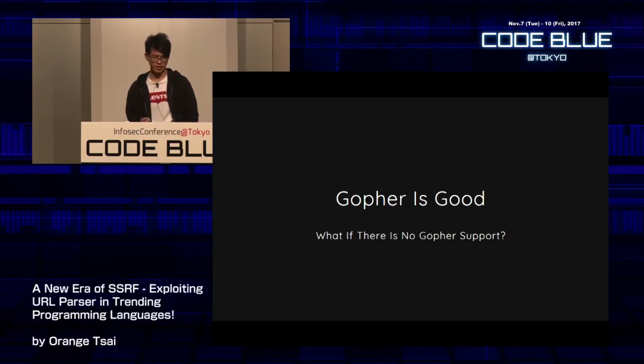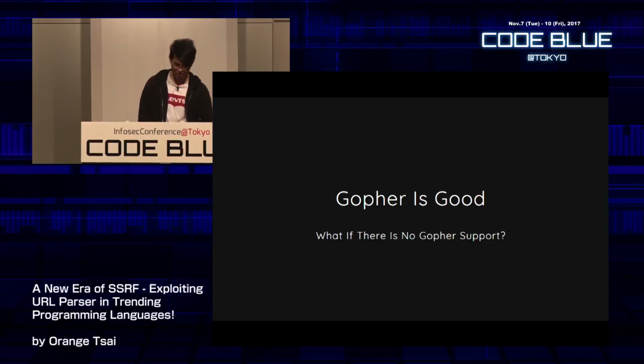Gopher is too easy to block, and not all programming languages support Gopher. But in an SSRF, HTTP always exists. So we focus on the attack scenario under HTTP and HTTPS.